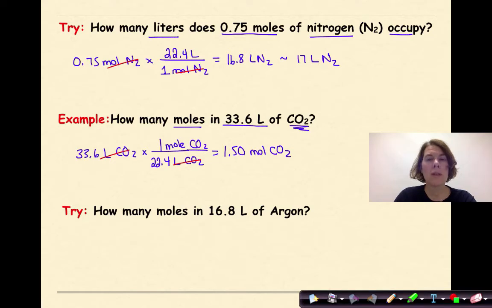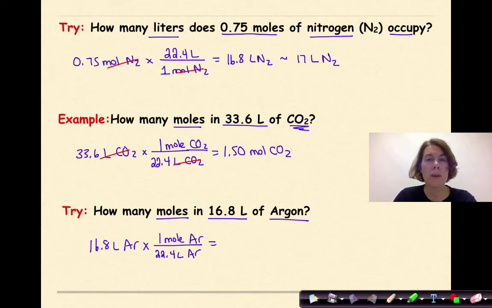Let's look at one more example. How many moles in 16.8 liters of argon? So my given is 16.8 liters of argon, multiplication sign, and a line. If I start with liters, liters needs to go on the bottom, and I know I'm converting to moles, so I'm going to put 22.4 liters of argon on the bottom, converting to 1 mole of argon.